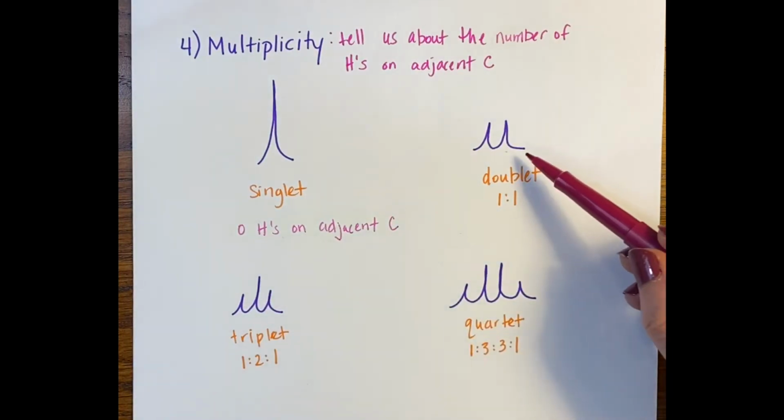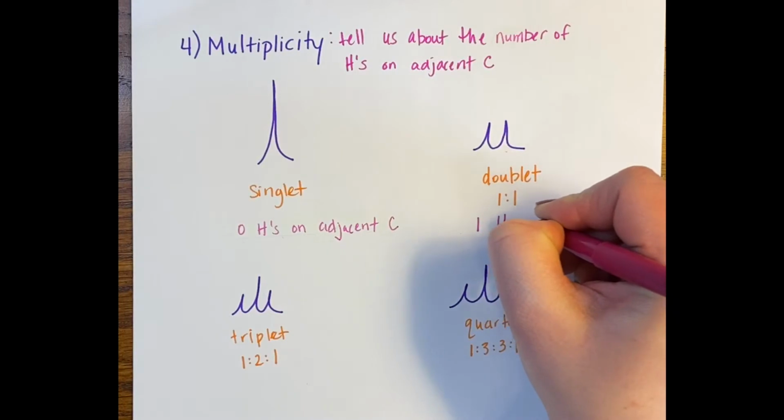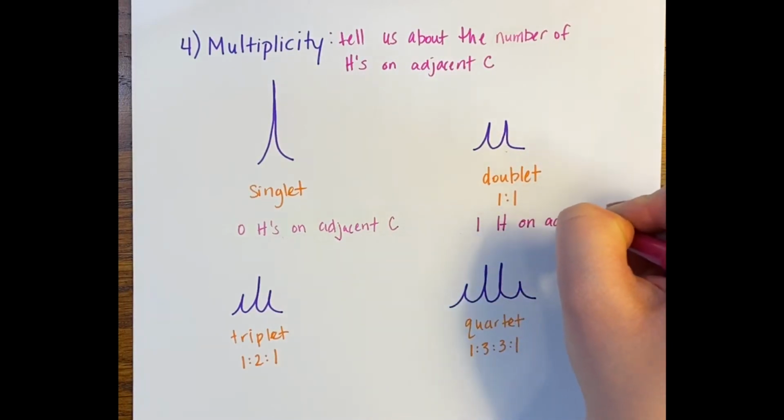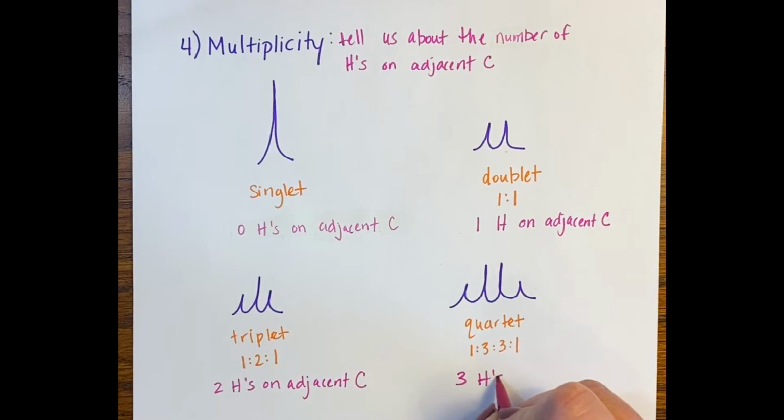When I have a doublet, that tells me that there's 1 proton on the adjacent carbon. For a triplet, that will tell me that there are 2 protons on the adjacent carbon. And for my quartet, that will tell me that there are 3 protons on my adjacent carbon.